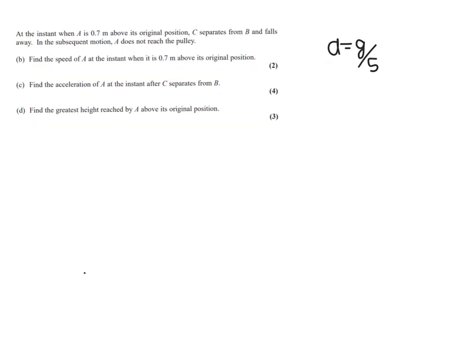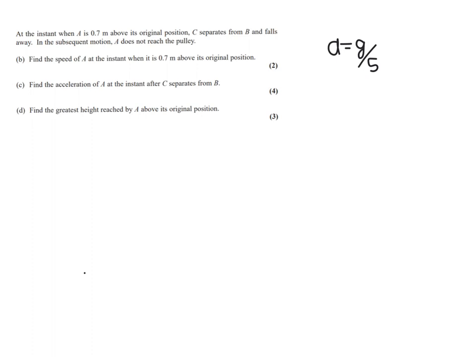Our last part then is part D, find the greatest height reached by A above its original position. Okay, so even though we have said that our motion will eventually be down, we're in a kind of upward inertia, if you like, in the sense that A is on a trajectory up and its acceleration is now starting to try and pull it down, but it's not going to instantly switch direction.